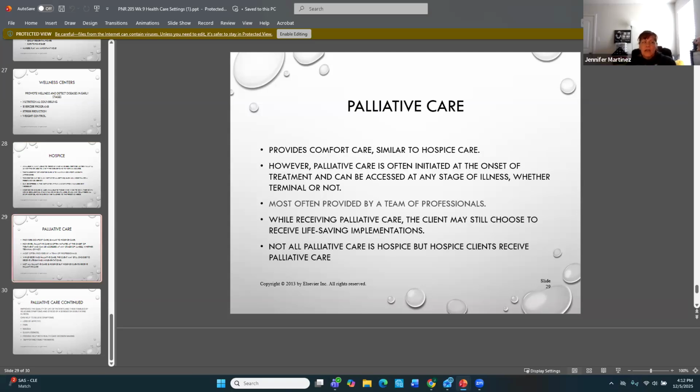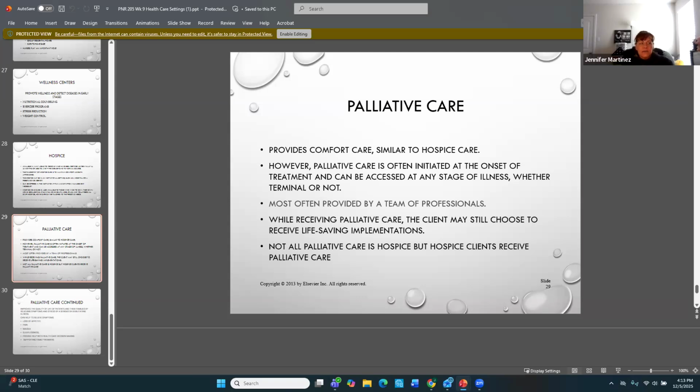With palliative care, it's providing comfort care. It is similar to hospice care. However, it's usually initiated at the onset of treatment and it can be accessed at any stage of illness, whether they're terminal or not. So it can be from diagnosis to cure.